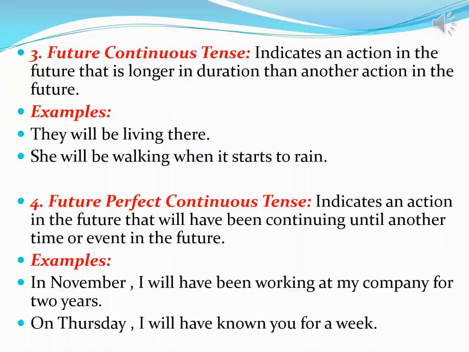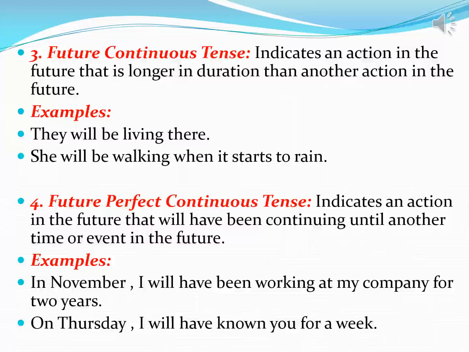And the last of the future tense is future perfect continuous tense. This indicates an action in the future that will have been continuing until another time or event in the future. For example, in November, I will have been working at my company for 2 years.